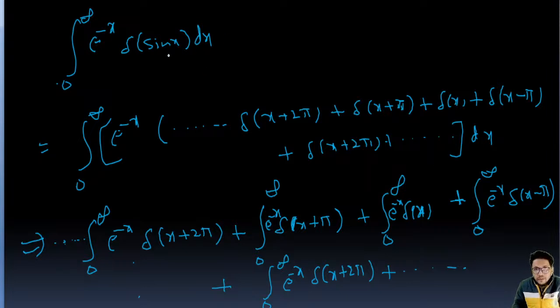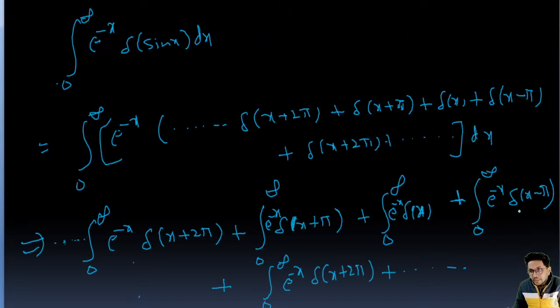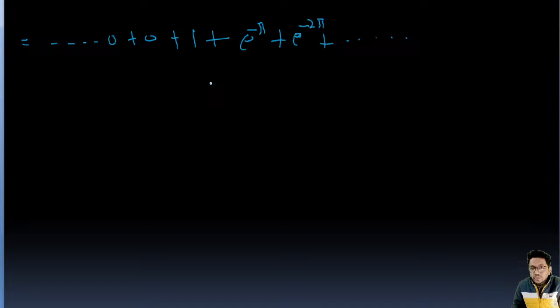So this is going to be e to the power minus pi plus e to the power minus 2 pi plus so on, because 2 pi exists between 0 to infinity. The remaining values are going to be 0, because these are negative values and don't exist between 0 to infinity.